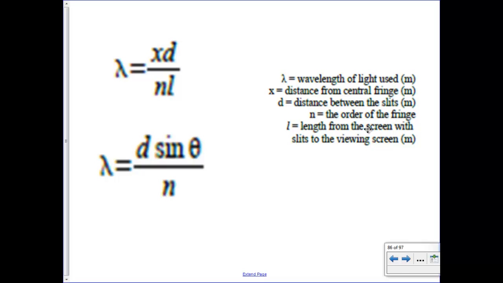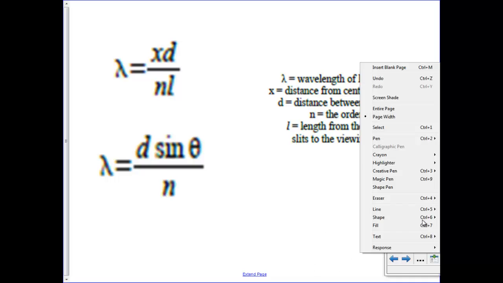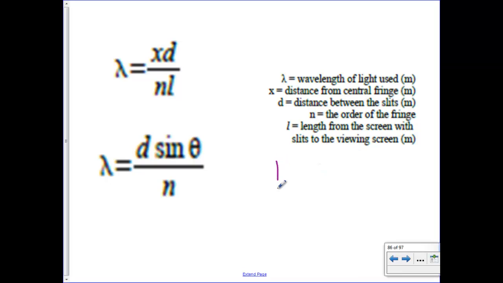So the middle is 0, up is 1, 2, 3, or down is -1, -2, -3. We always skip the negatives though, it doesn't really matter. L is how far it is from the screen that has the holes in it to the other screen. So if you pulled out his drawing, you've got this one right here.